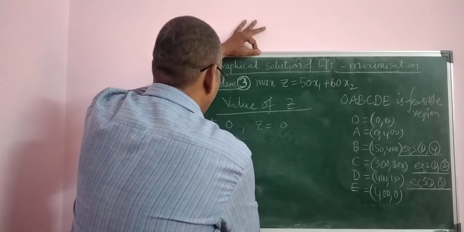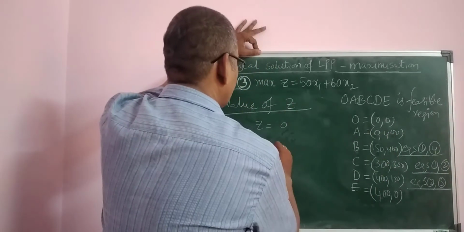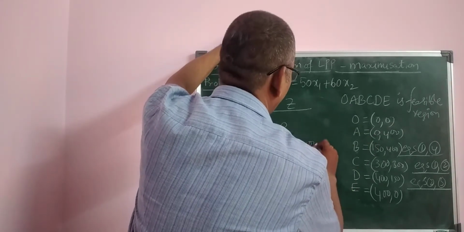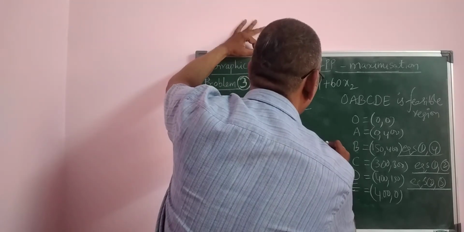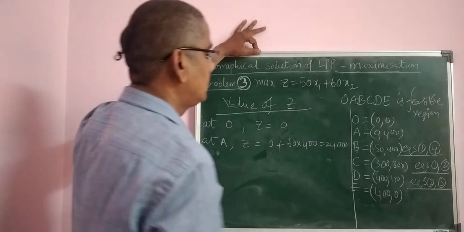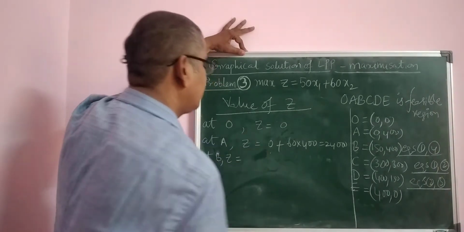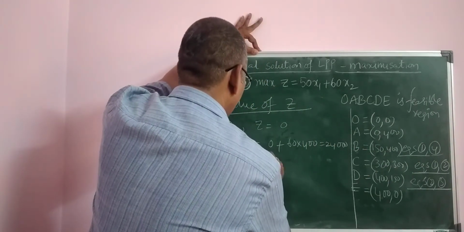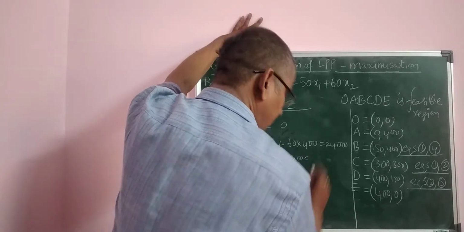At A, which is 0, 400, it is 60 multiplied by 400, which is 24,000. And at B, which is 150, 400, it is 50 into 150 plus 60 into 400.